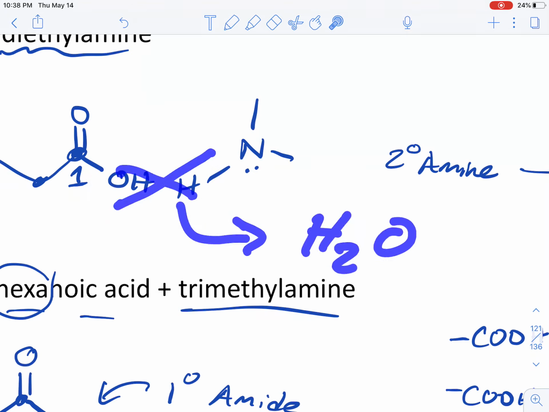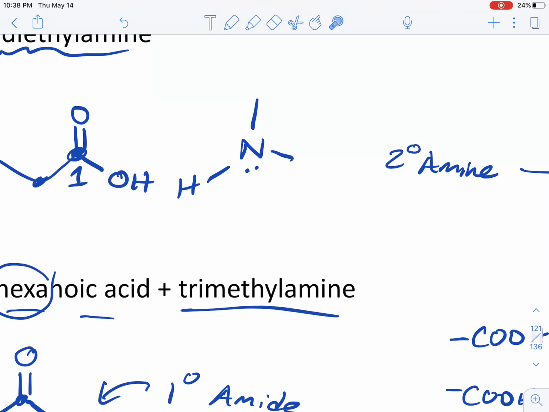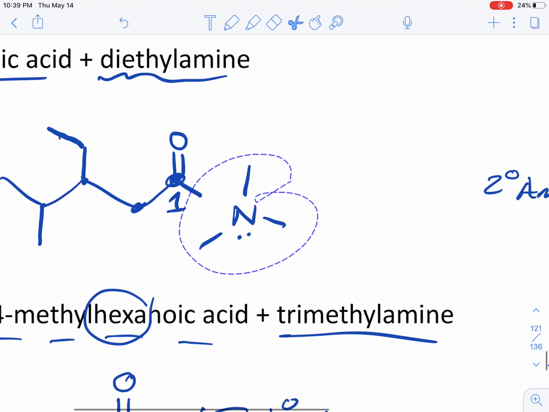So it's a dehydration reaction in the presence of heat. I'm going to go ahead and erase these components because we know that they are going to form water. I'm going to bring this nitrogen closer to the carbonyl carbon.